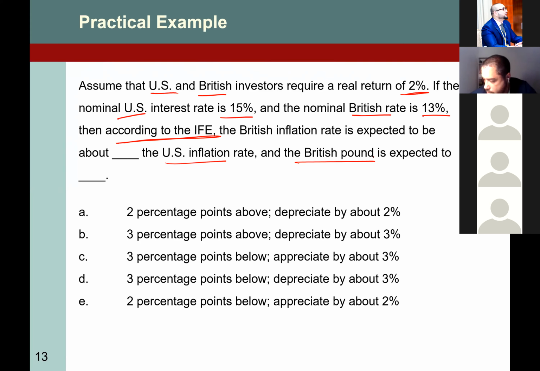So everyone, please participate. Is it 15 minus 12, 13%? What is the option here? E? D or B? E. You said E. Ali said E. Carolina, Laura, I also think it's E, 2% margin below, appreciate by 2%.